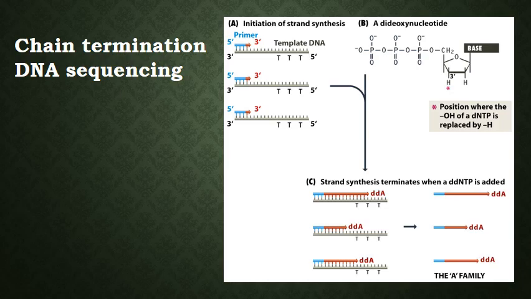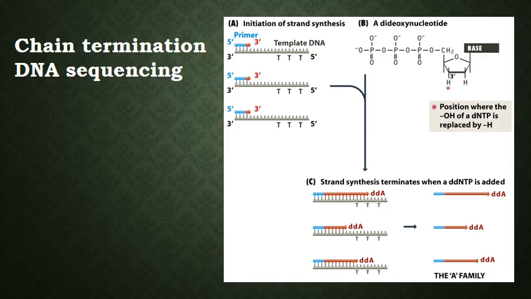The starting material for a chain terminating sequencing experiment is a preparation of identical single stranded DNA molecules. The first step is to anneal a short oligonucleotide to the same position on each molecule. This oligonucleotide subsequently acts as a primer for synthesis of a new DNA strand that is complementary to the template.